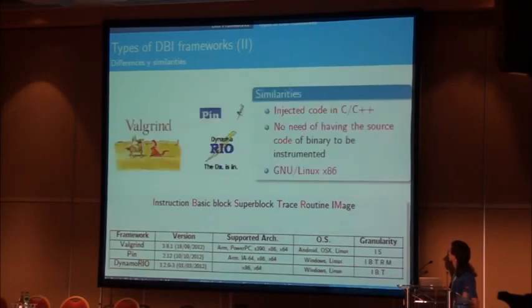Just to comment on some similarities between them: the injected code that we can add to our binaries has to be written in C or C++. We don't need to have the source code of the binaries to be instrumented, and all of them allow us to execute on Linux.